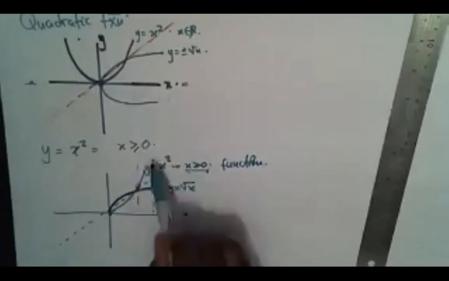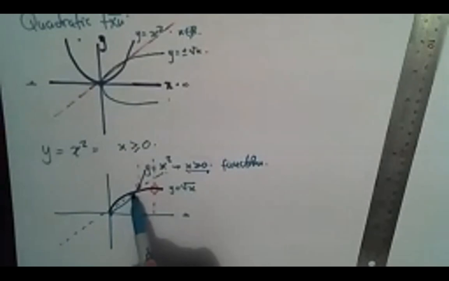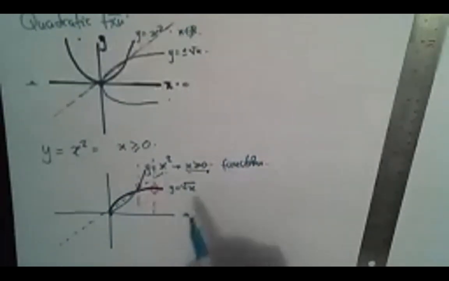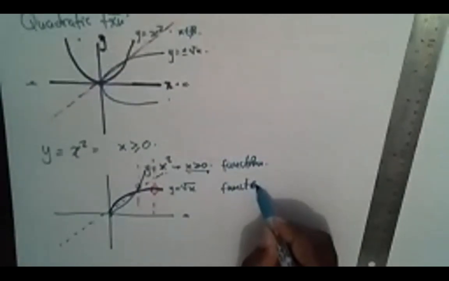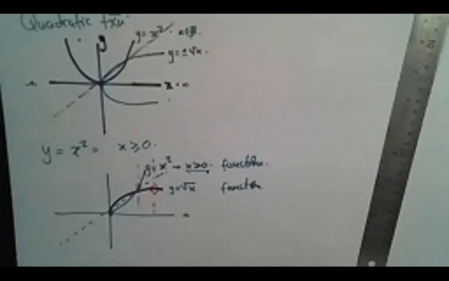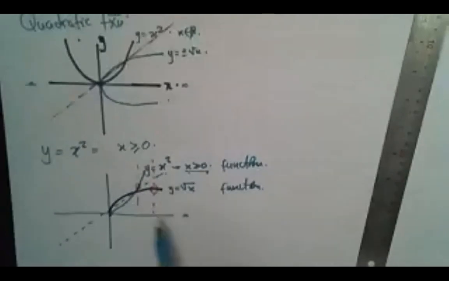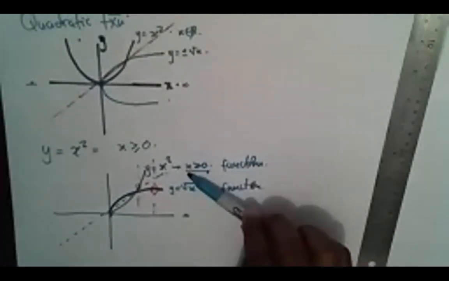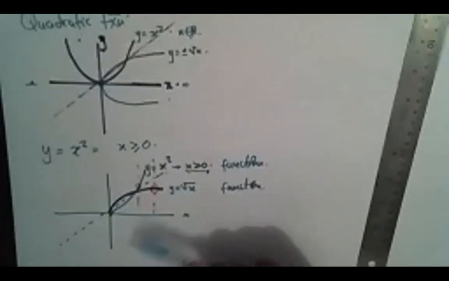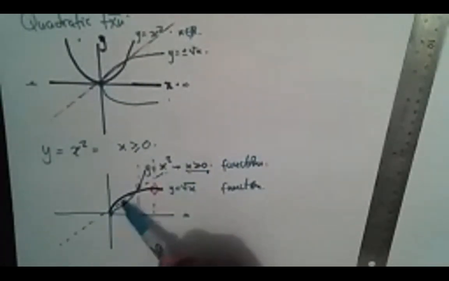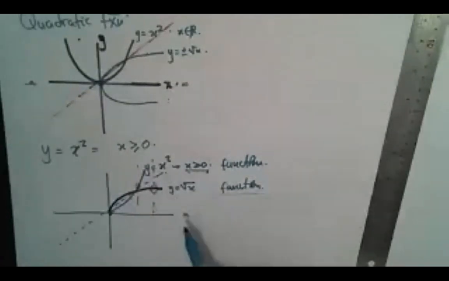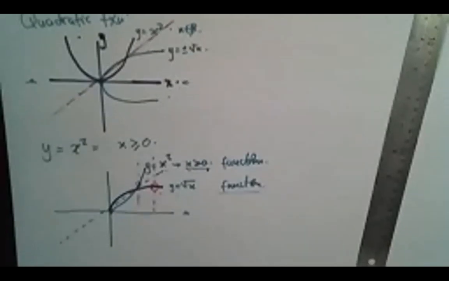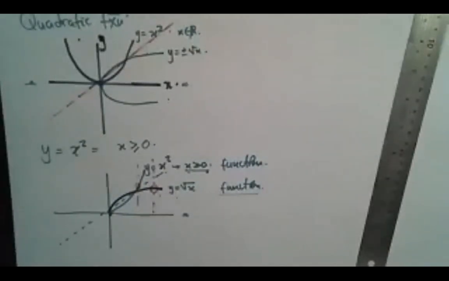If I also draw a line, just concentrating on this curve, it cuts once, it becomes a function as well. So in basic essence, we are saying that if I restrict my domain to x is greater than 0, the inverse that I get will also become a function because it passes the vertical line test.